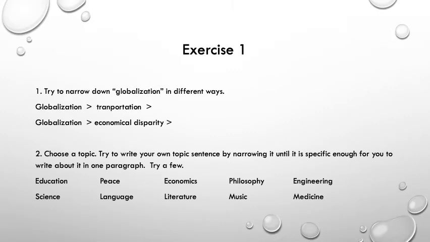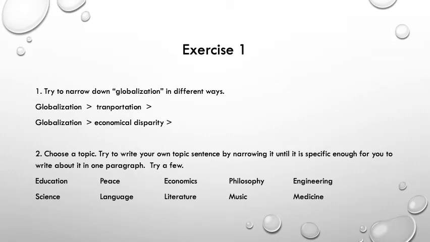Exercise 1. Now, students, please stop the slide and take a few minutes to go through these tasks. Task 1: try to narrow down globalization in different ways. Please do this by yourself, and refer to the example I gave in the previous slide.